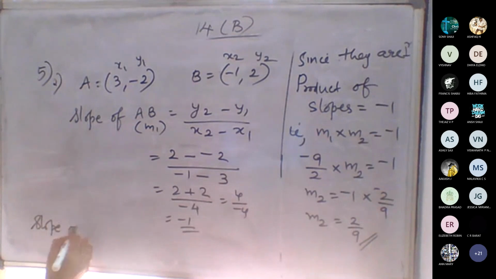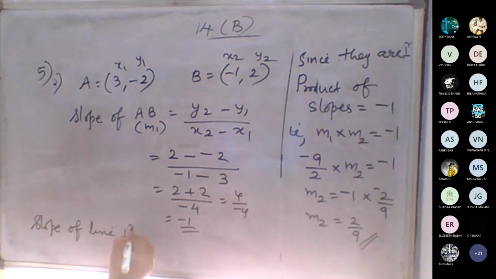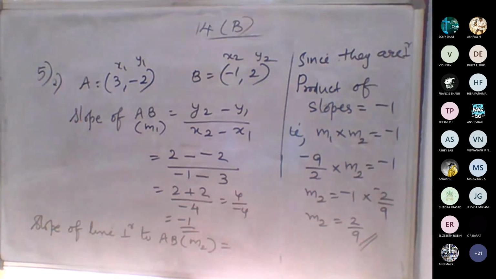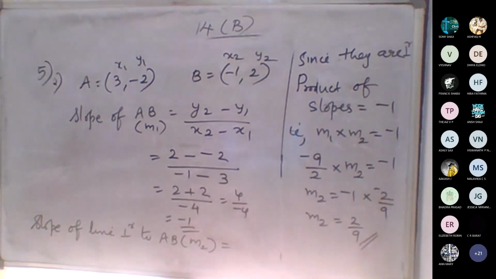The slope of the line perpendicular to AB, that is m2, is equal to... So what will be the answer?